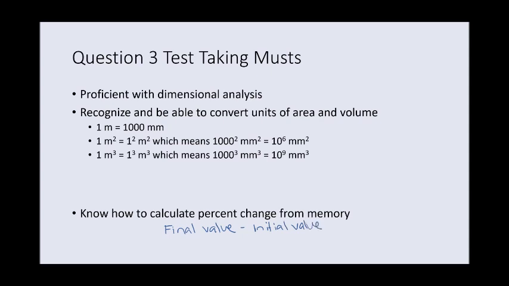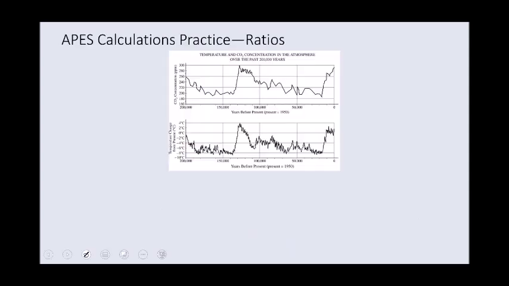You are calculating the percent change from that initial value, so you want to divide by the initial value. And because it's a percent, we have to multiply by 100. And then that can give us percent change. More on that later. So let's get into some practice.